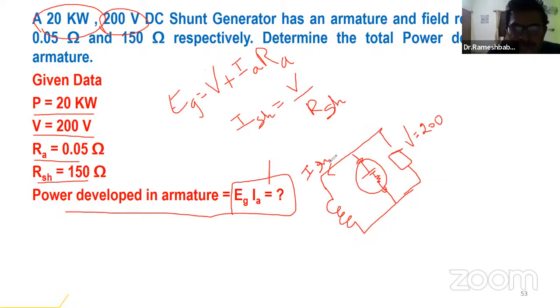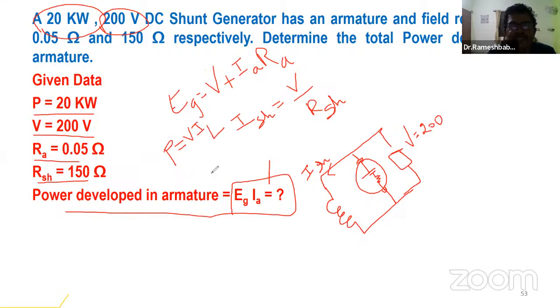If you want to discuss anything, please put it in the chat box. So the ISH value can be found out. Next, I can find the IL value because output power and output voltage are given: P is equal to V into IL.